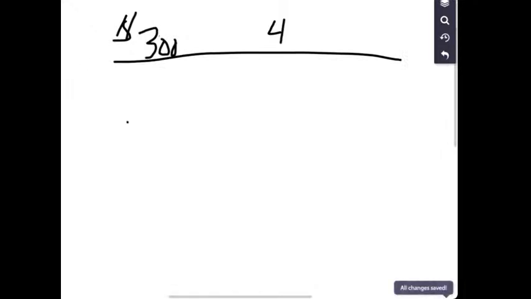So let's say we wanted an additional 4 clients per week. So if our target cost per acquisition is 300 times 4, that's going to be 1,200. This is going to be what we need to spend in a week to generate those 4 clients.